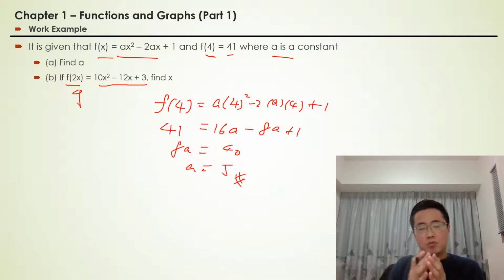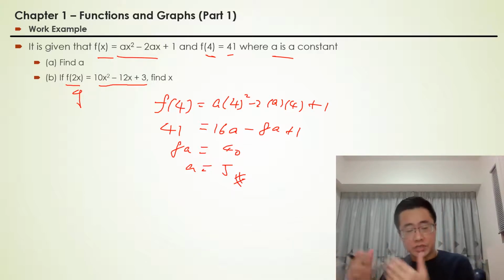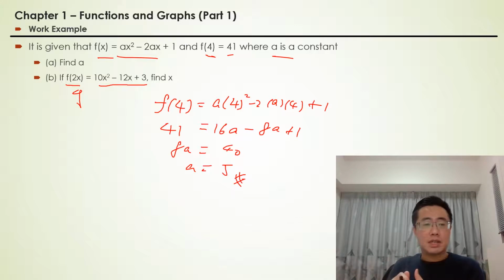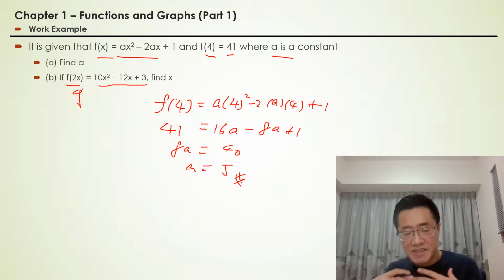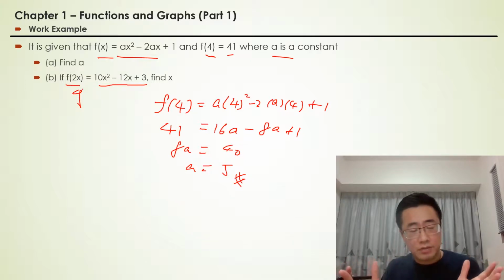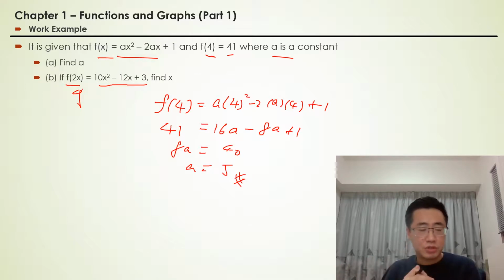This is related to part 3, which we will explain in later videos, about the transformation of functions. For an expression like this, you multiply the variable x by a constant, either greater than 1 or less than 1, and that will have an impact on the resulting function. We call this the transformation of functions. Actually, we transform the function f(x) into some other function, which is f(2x).